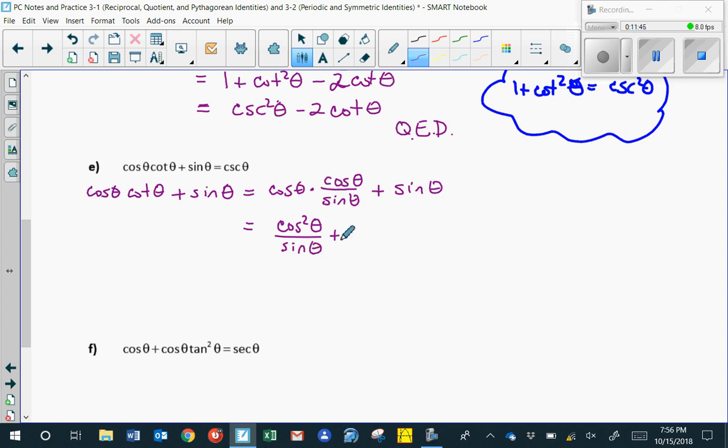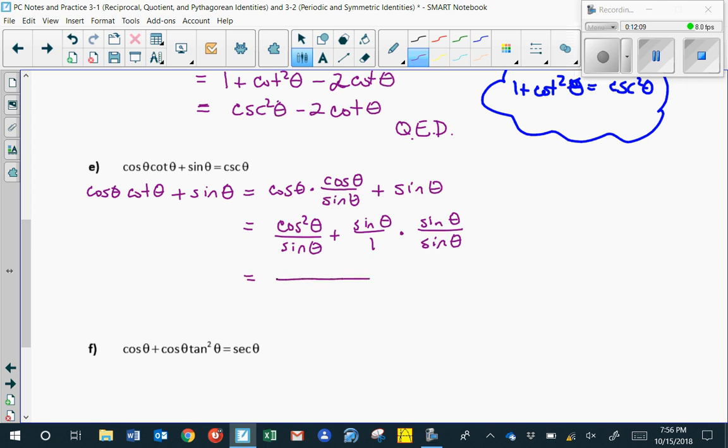Now we're going to try to add that to sine of theta, but before we can add them, we need a common denominator. So you might start by rewriting sine of theta as sine of theta over 1 and multiplying both the top and the bottom of that fraction by sine of theta. That'll give us a common denominator of sine of theta.